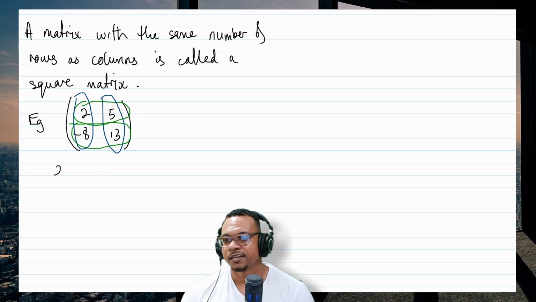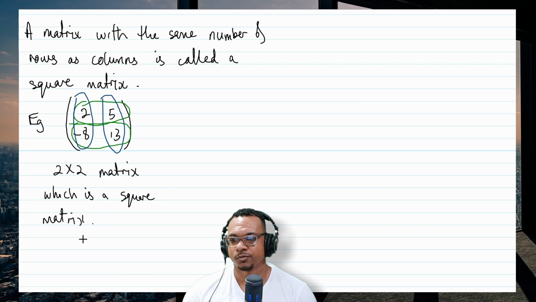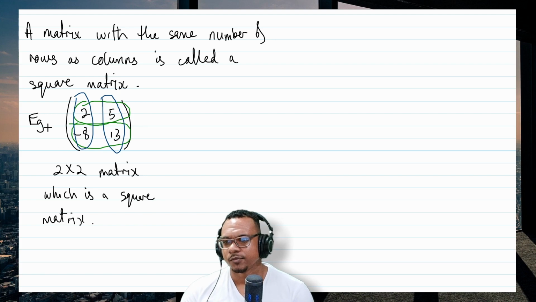So this is a 2 by 2 matrix, which is a square matrix. So a 2 by 2 matrix is a square matrix. That's example 1. Let's do our next one.